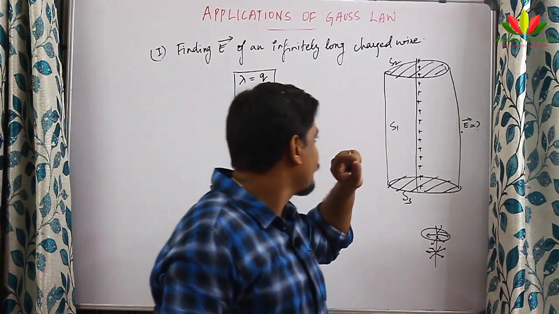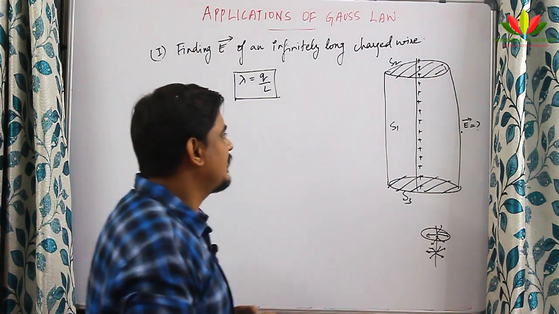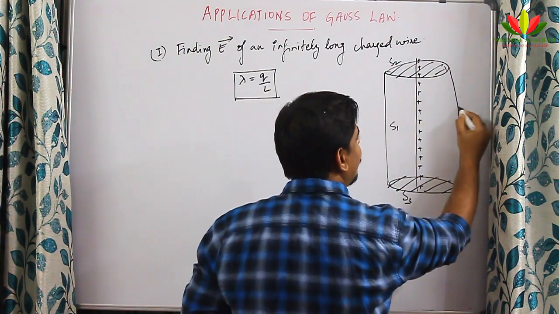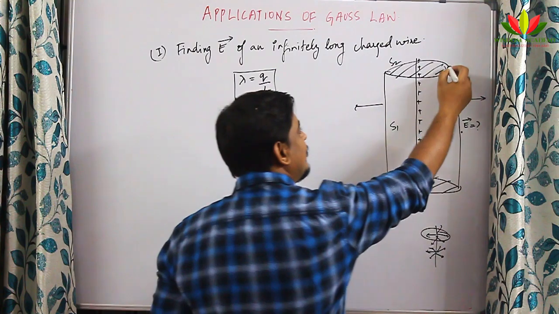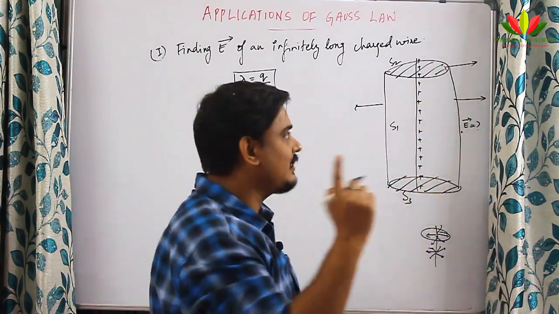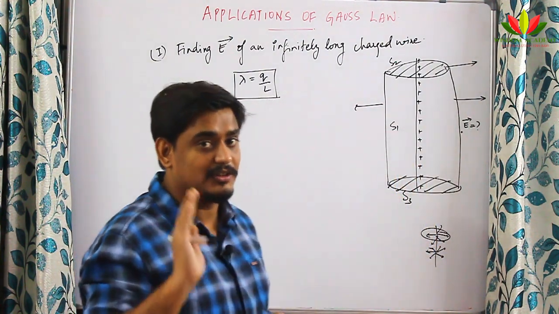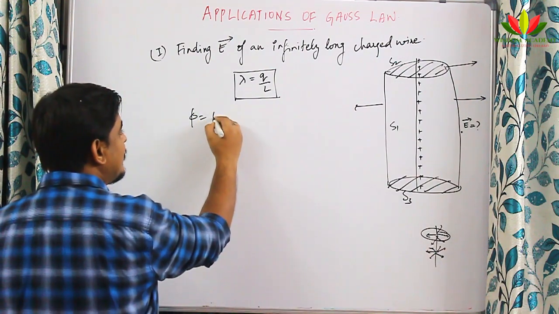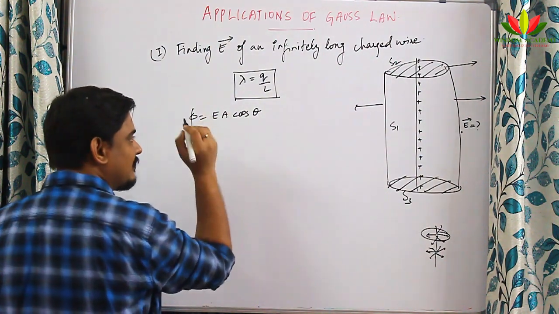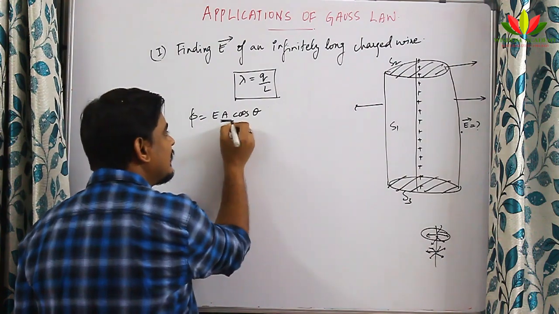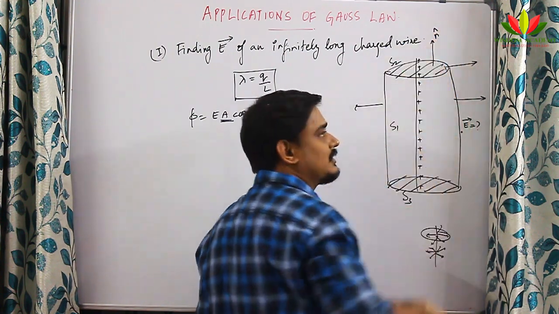Now we will try to find the electric field. We have drawn the Gaussian surface, and the flux will be coming out like this, isn't it? Will the flux go in this direction? Definitely not. It will come only in this direction. Whenever you want to use the concept of flux, flux is E A cos theta, and you must make sure that A is the normal component, the area direction n cap.